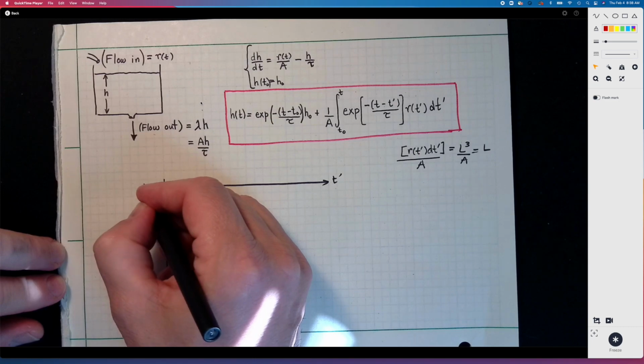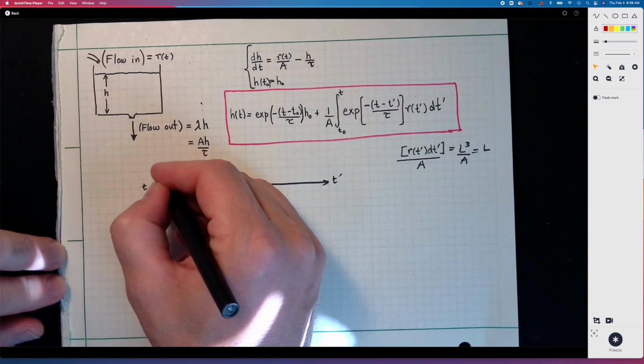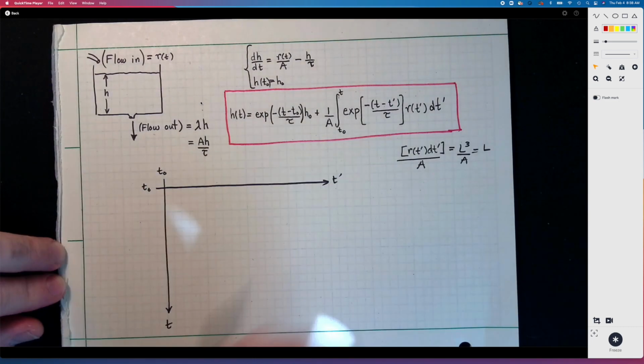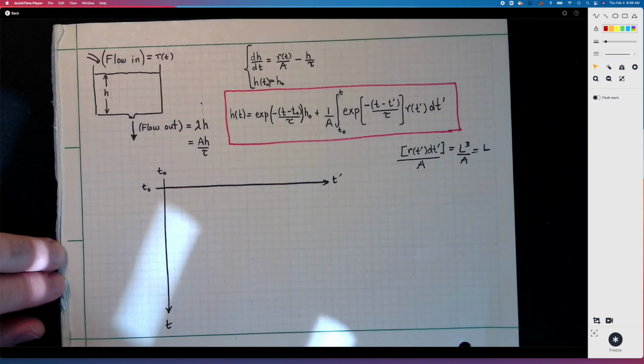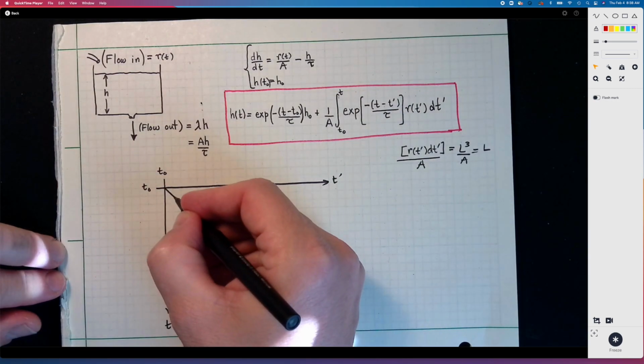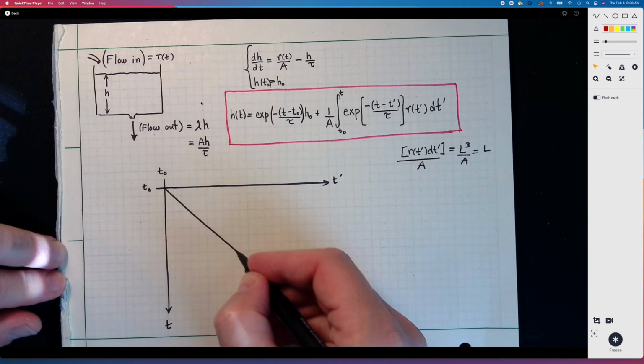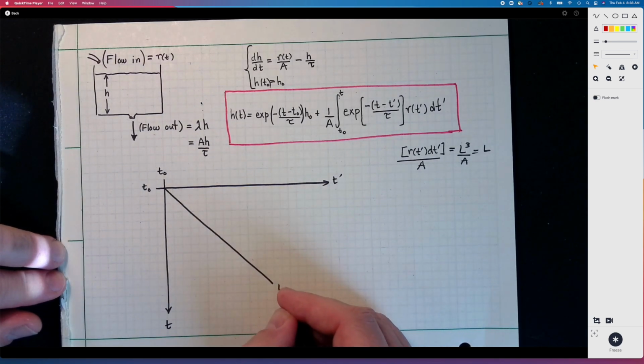This is time t naught, and this is also time t naught on this axis. And then along the main diagonal, this is the line t equals t prime.